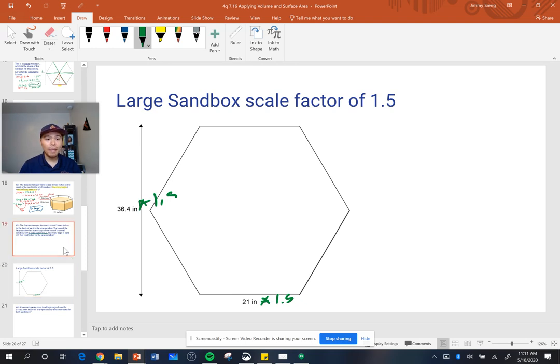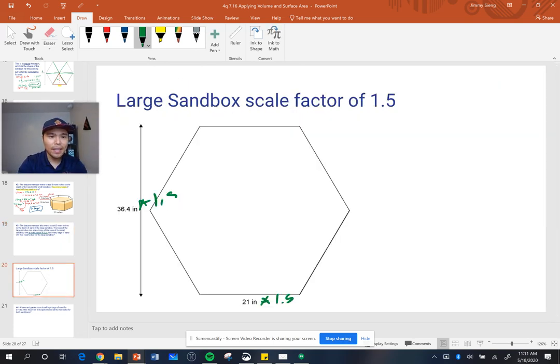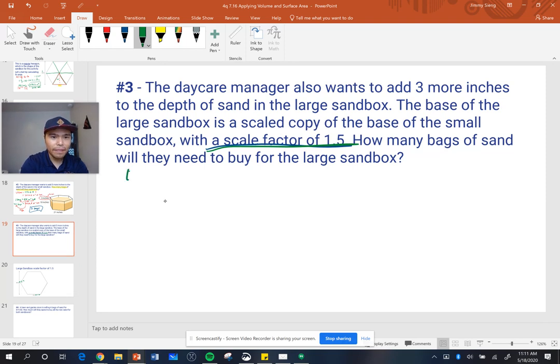I get new dimensions. Well, instead of just timesing it and finding the area all over again, what I can do is, since I know this is basically a rectangle right here, I know it's going to be length times width, right? Well, I know it's getting scaled by 1.5, so I'm going to times both of those by 1.5. And that should give me, let's see, I'm trying to be precise here.